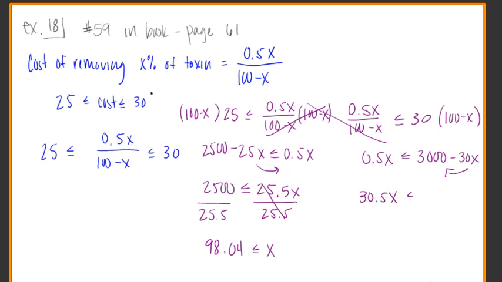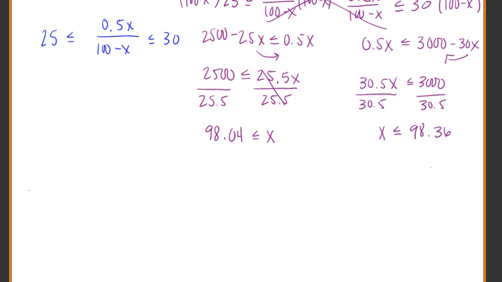So 30.5x is less than or equal to 3,000. If we finish this up by dividing off that coefficient, we'll get x to be less than or equal to 98.36.